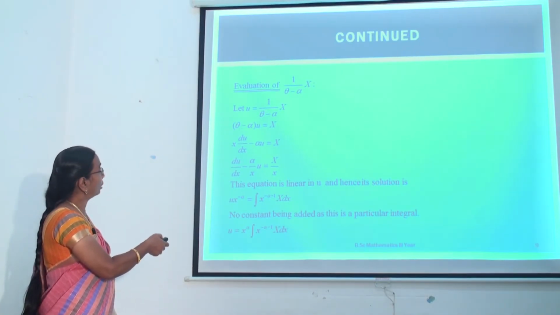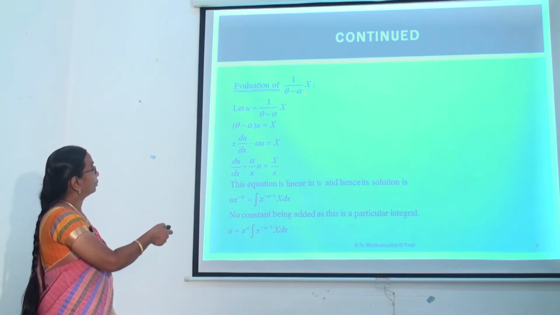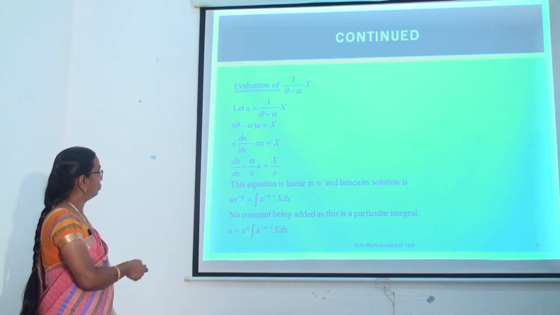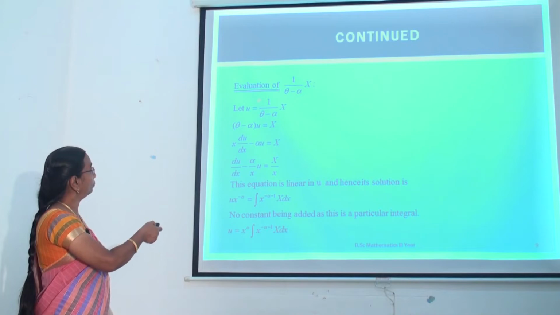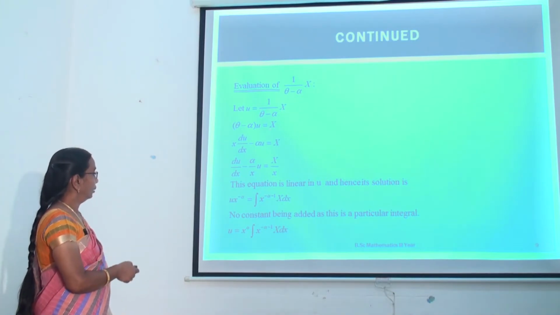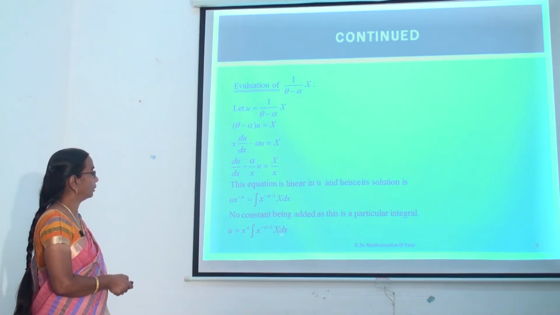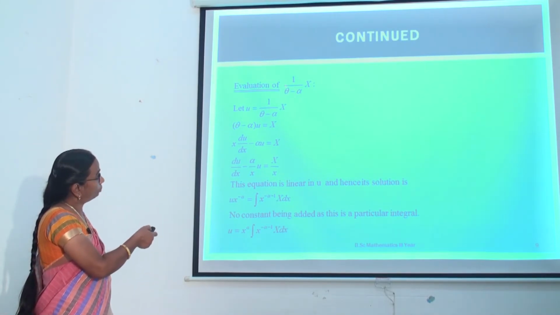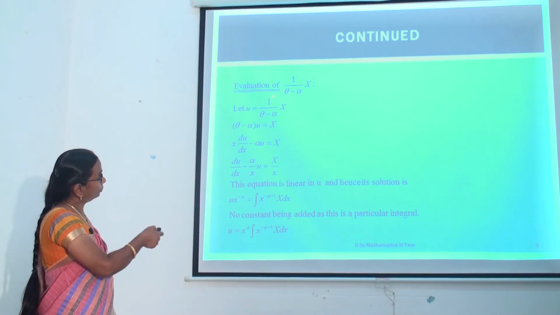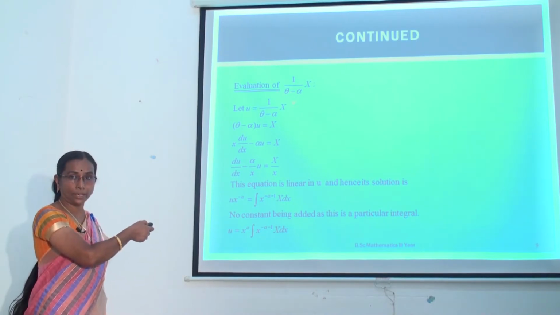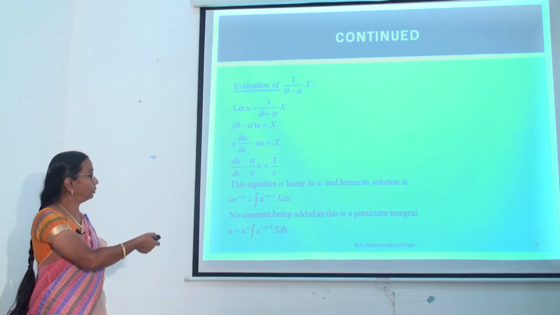Now in the evaluation of 1 by (theta minus alpha) of X, we found u is equal to x power alpha integral x power minus alpha minus 1 capital X dx. But our problem is 1 by (theta plus 1), so we can write that as 1 by (theta minus (minus 1)). So alpha becomes minus 1.